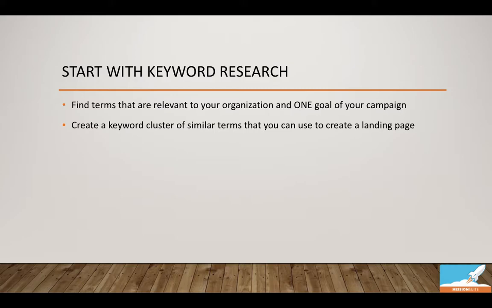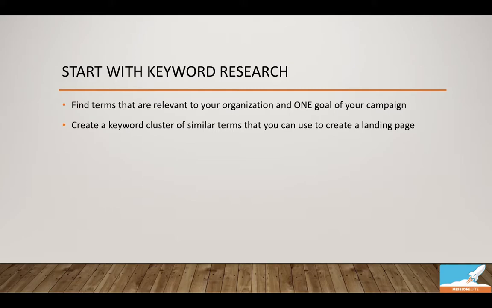You're going to create this cluster of keywords that are all similar to one another and can all be used for the same purpose. So if your goal is to get more people to come to your adult daycare center for people with Alzheimer's, then adult daycare or Alzheimer's daycare in Denver could be a great starting point. And then you find other terms, and you create a cluster, right?